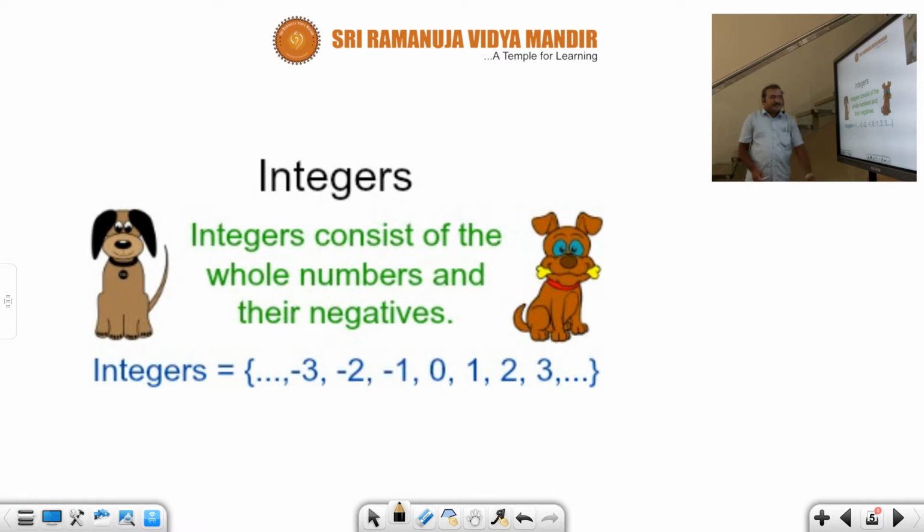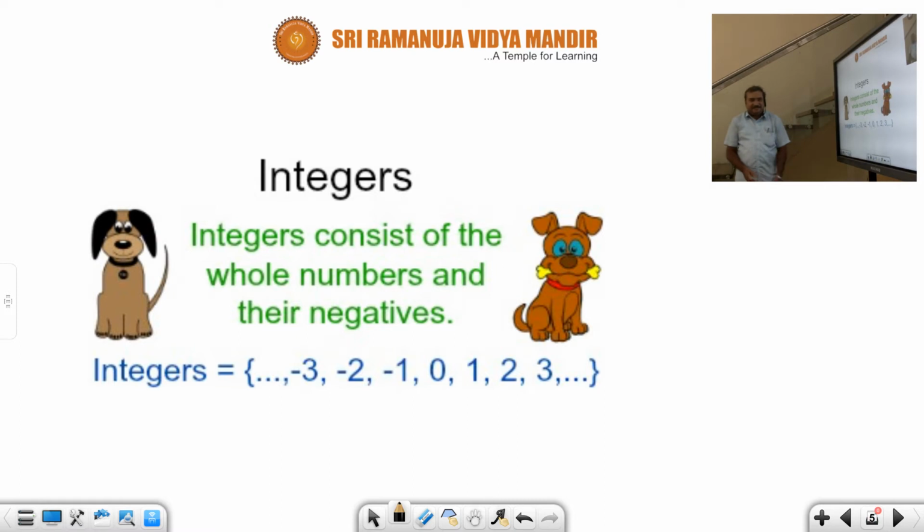Now, this is the set of integers: -3, -2, -1, 0, 1, 2, 3 and so on.